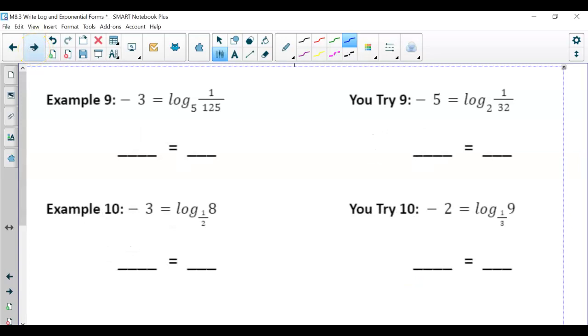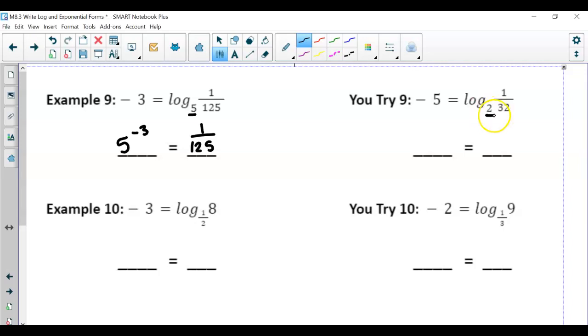So now our last few examples here. Notice how, again, you could even have those negative values, right? And fractions. So it's all the same when writing the exponential form here. You have that base of 5, so 5 to the -3 power, which is equal to 1 over 125. Go ahead and pause the video, try the try on your own.